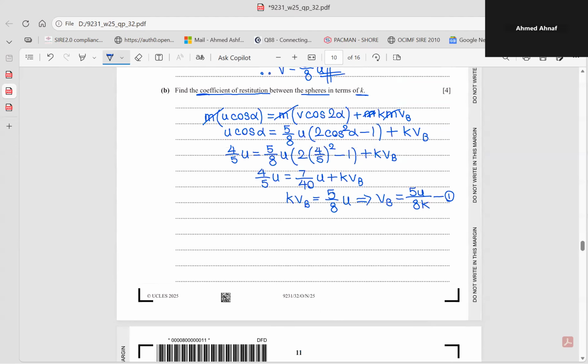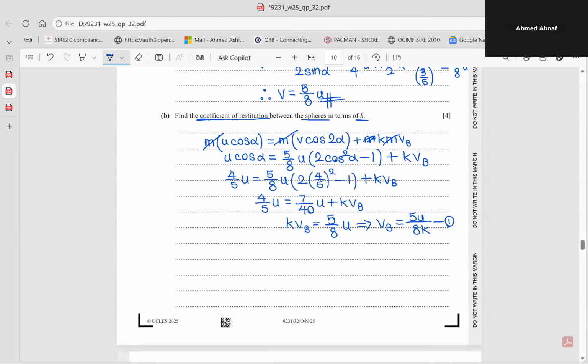Good, we have more space. Now we have to find the coefficient of restitution. The coefficient of restitution is the relative speed of separation over the relative speed of approach.